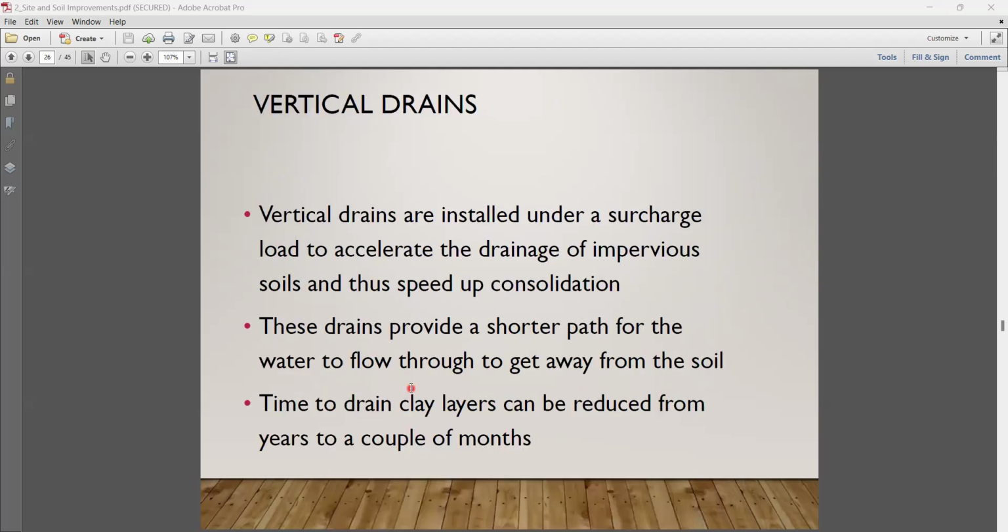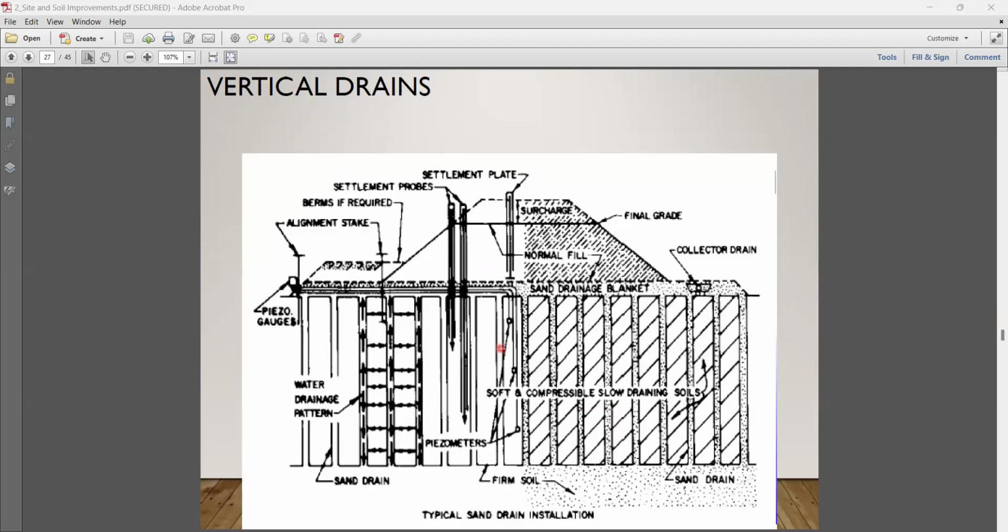Then there's another deep compaction method, which is by vertical drains. So drains, what they do: we drill a hole and then we put a rubber lining so we can pump the water out, which will enable the soil to consolidate with the removal of water, like this.